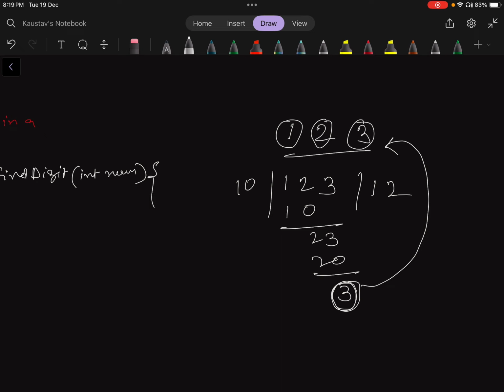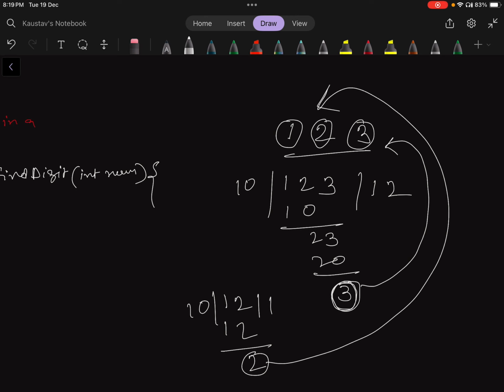That is the first thing. Then what is remaining? 1 and 2 are remaining. If we do the same thing, divide 12 by 10, 2 is the remainder. So 3 we already got, 12 is remaining. We divide 12 by 10 again and get 2 as the remainder. That's the second digit.